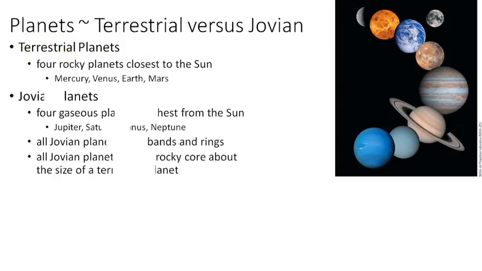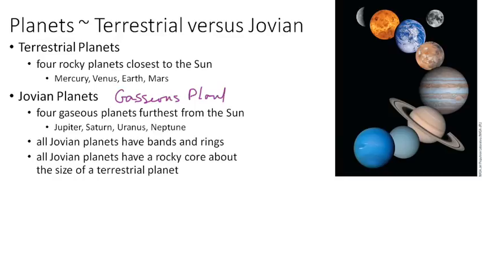Then after the terrestrial planets, we have the asteroid belt. But after the asteroid belt, we have, I think I called them gaseous planets before. I probably should have used this other name. The gaseous planets are sometimes called the Jovian planets.